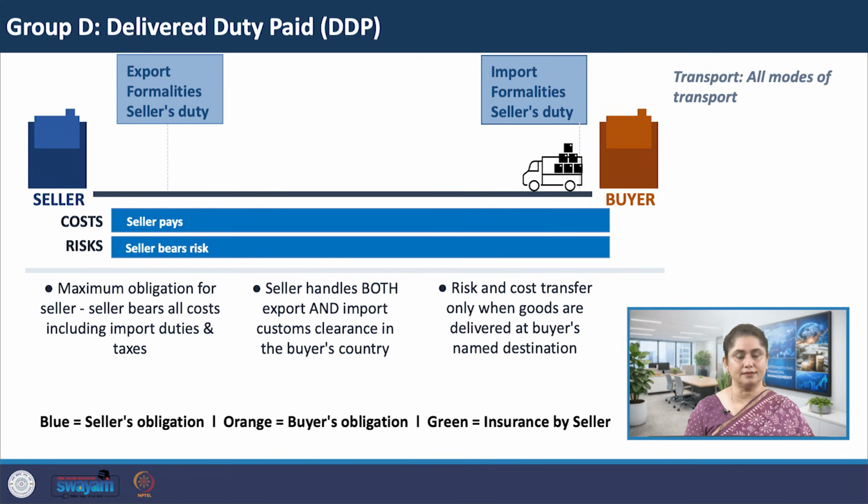The buyer does nothing except receive the goods. The buyer pays one price. Everything else is handled by the seller. Note that DDP is the mirror of EXW, where EXW had maximum buyer obligation and here DDP has the maximum seller obligation. So we have covered a great deal of ground today.